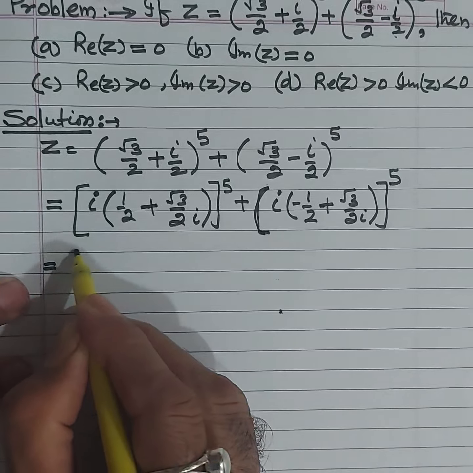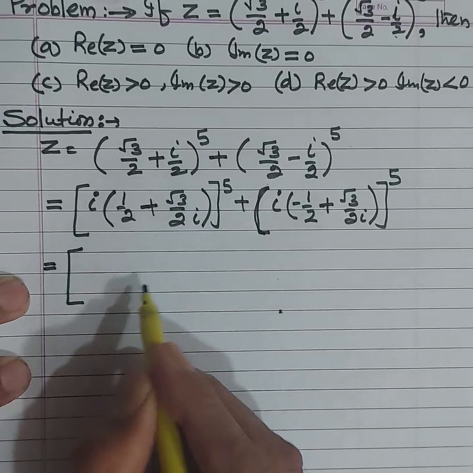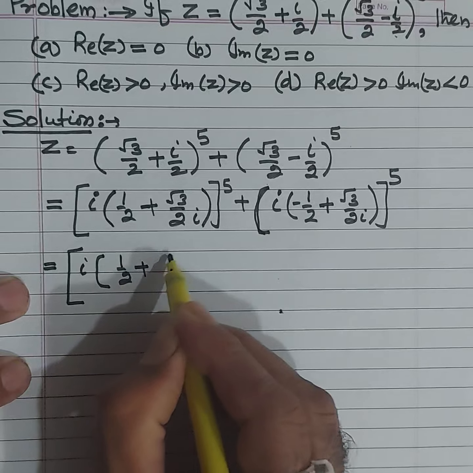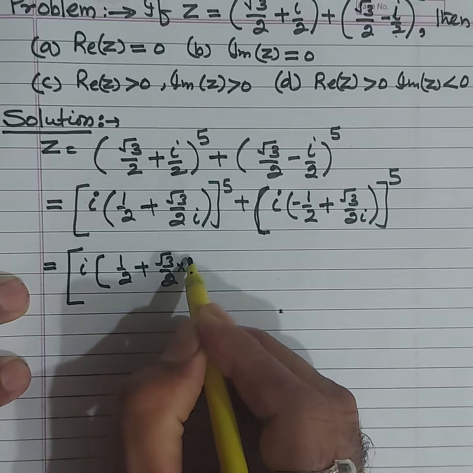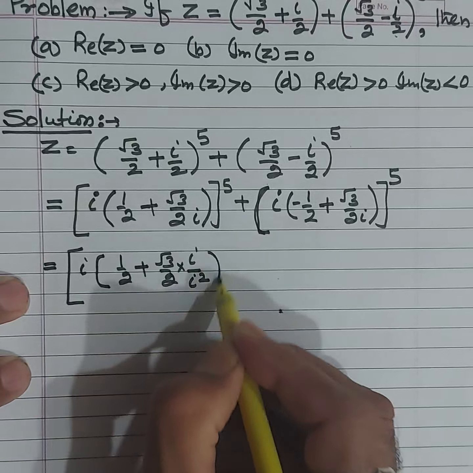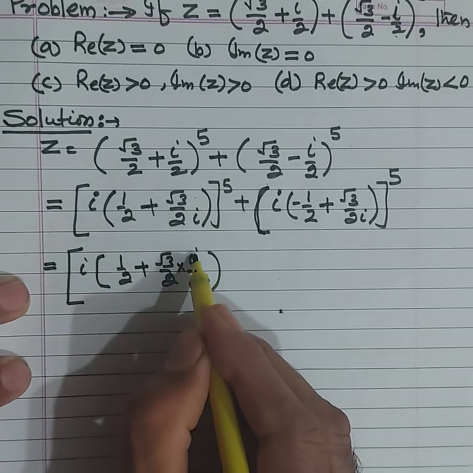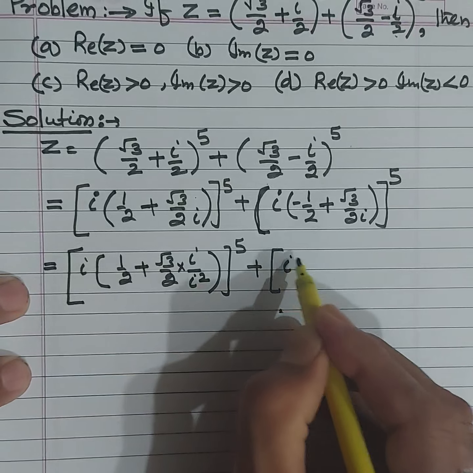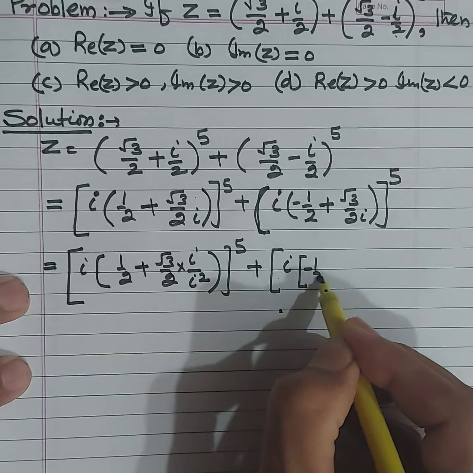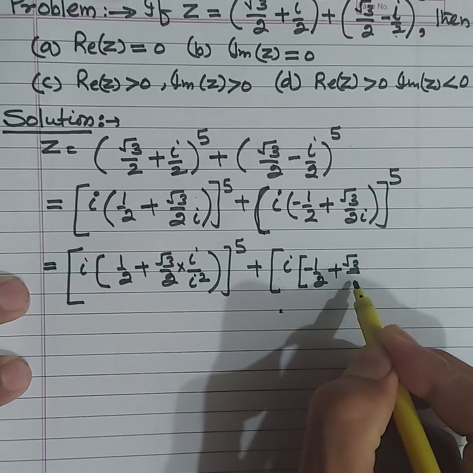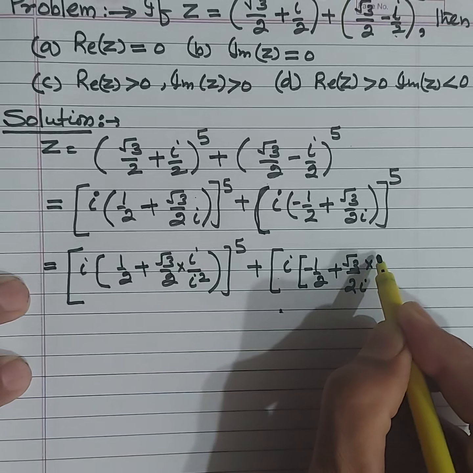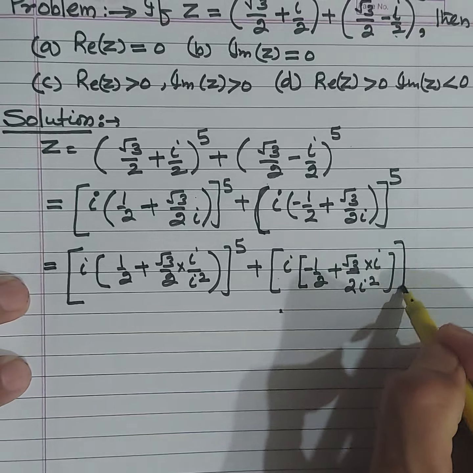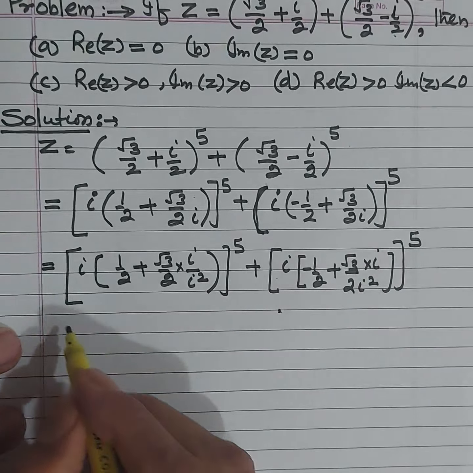Now see, we will rationalize here: i(1/2 + √3/2 i) upon i square. We will multiply here by i, so it becomes i square, plus i(−1/2 + √3/2 i) upon i square, raised to the power 5.